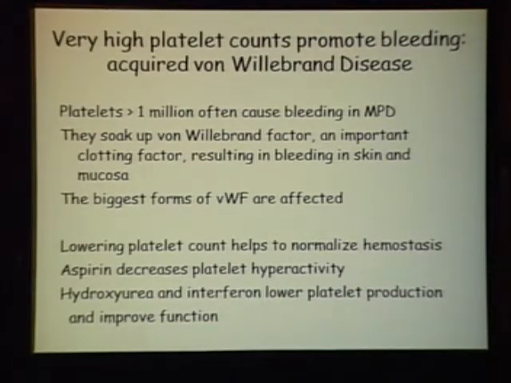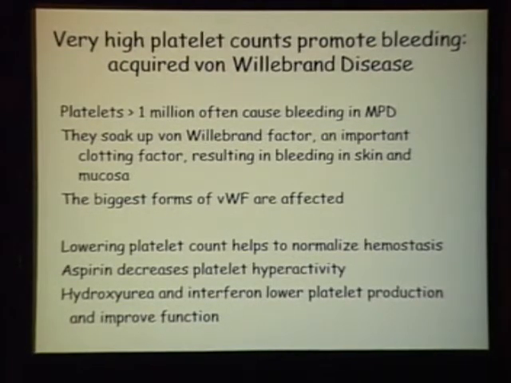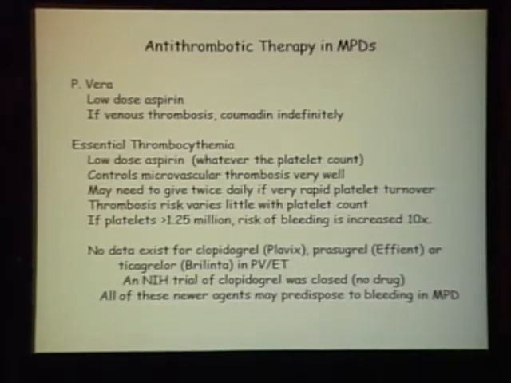Now, I've talked this entire time without really mentioning therapy, even though that's the title of the talk. So let's talk a little bit about antithrombotic therapy in myeloproliferative diseases. In polycythemia vera, there is evidence that low-dose aspirin may be beneficial.